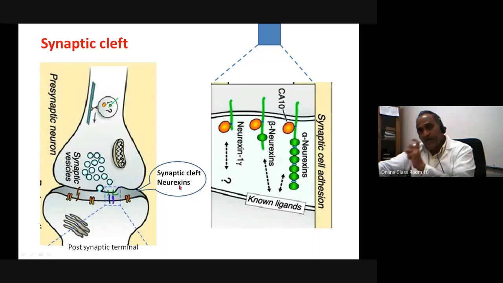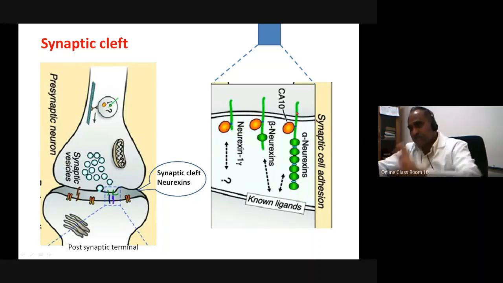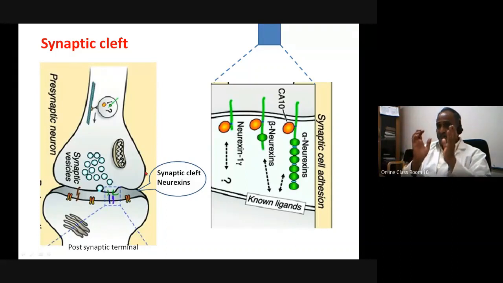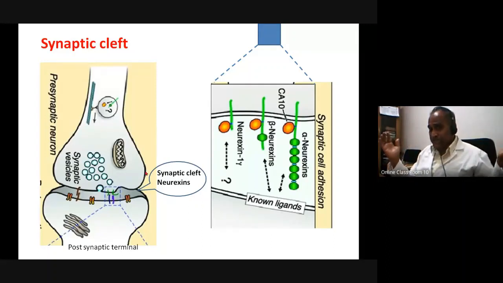These are called neurexins. There are different types of neurexins, and I am not going into the details of that. The first neurexin is here, limiting this side and this side, limiting the synaptic space. So they would minimize the loss of neurotransmitters to the outside of the synaptic space.